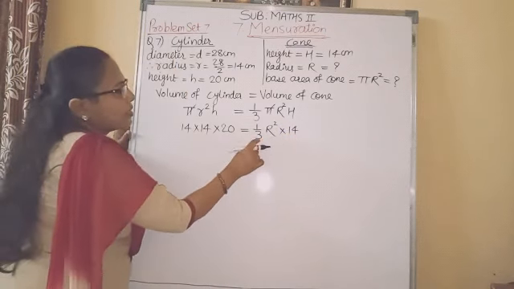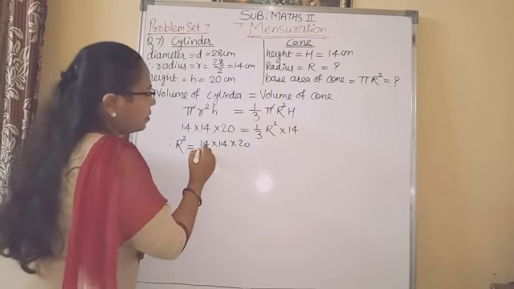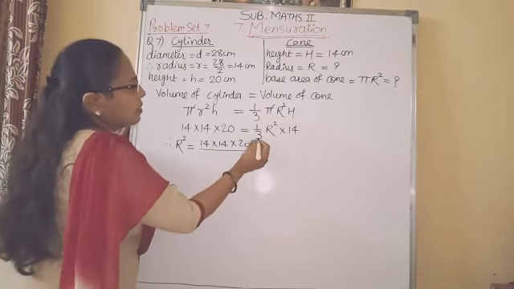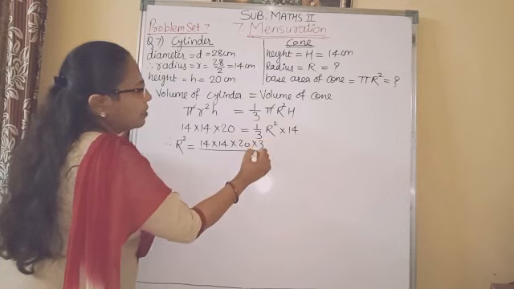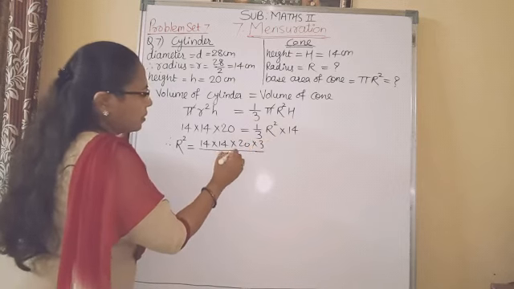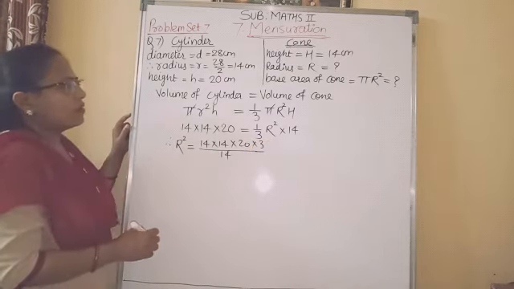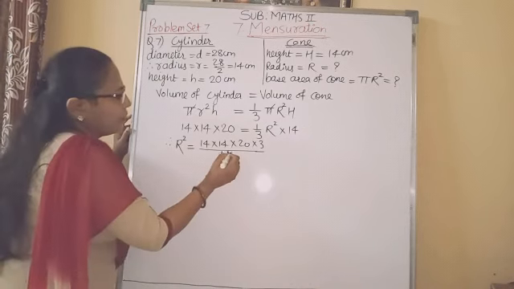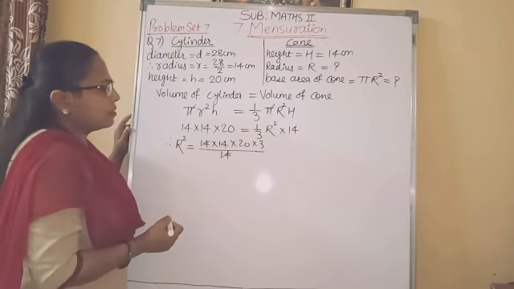So therefore r square is equal to 14 into 14 into 20 upon, this 3 gets multiplied here, and upon this 14. Okay. Now this 14 gets cancelled.